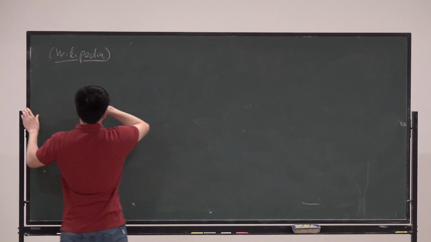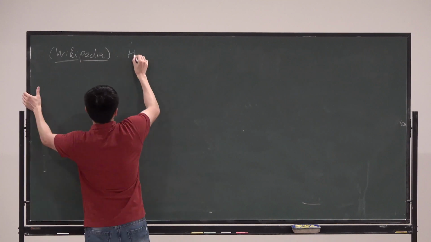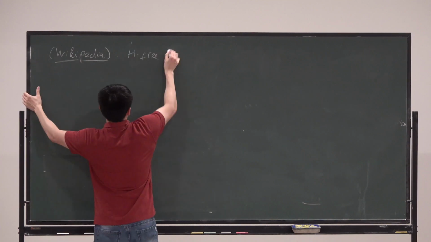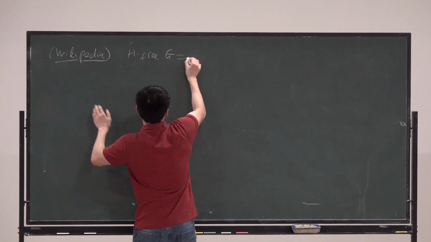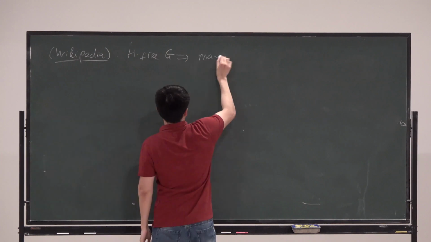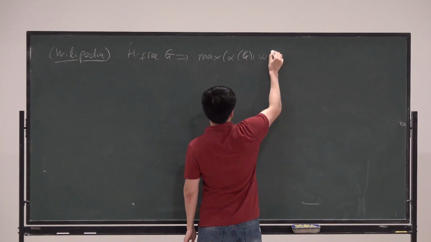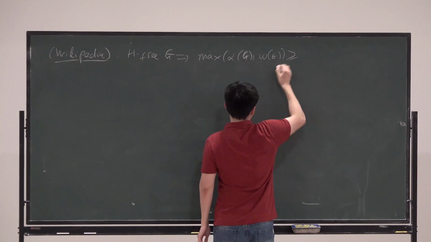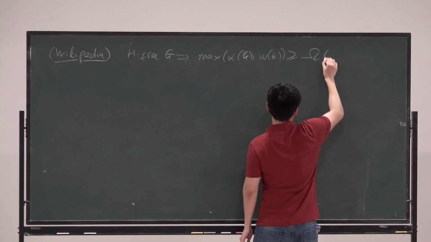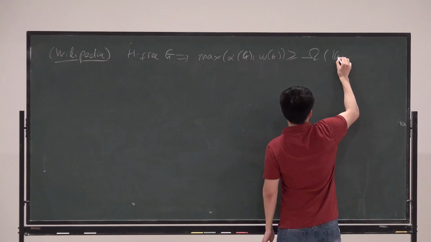Again, H-free graph G, then max of alpha and omega is at least asymptotically some power of |G|.